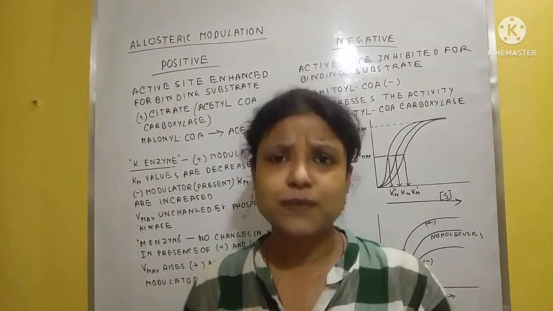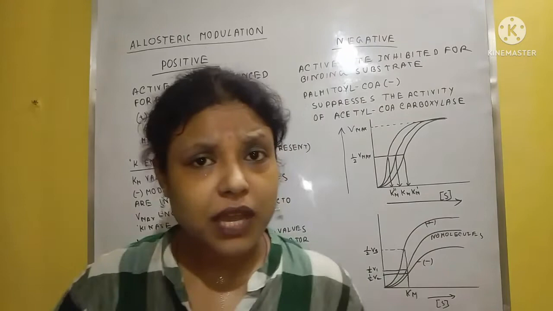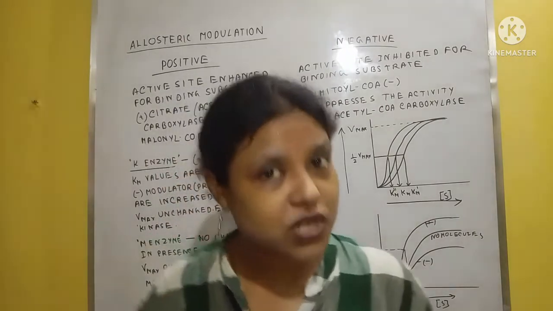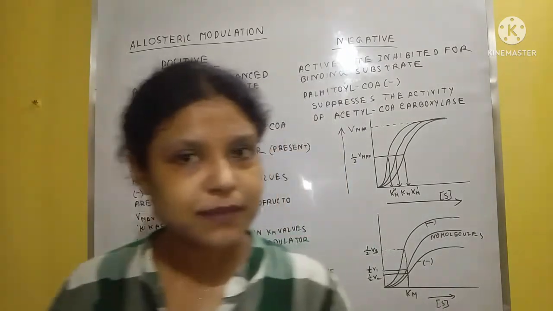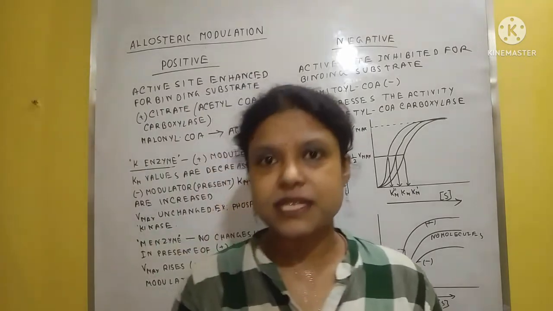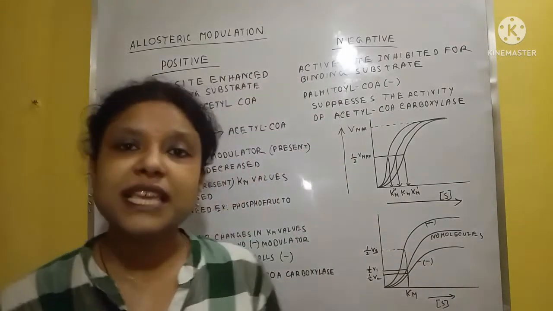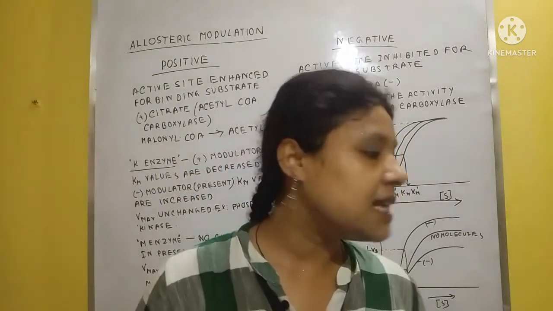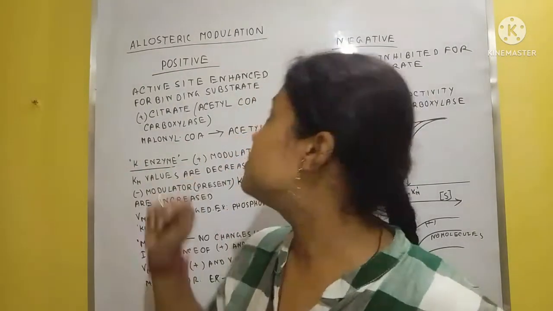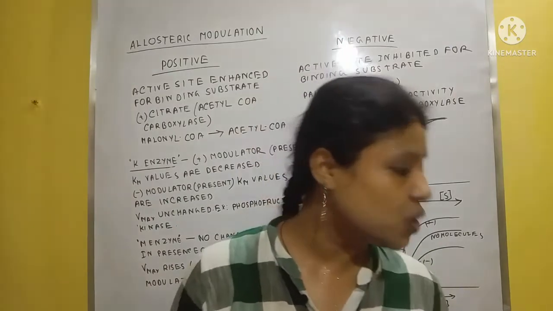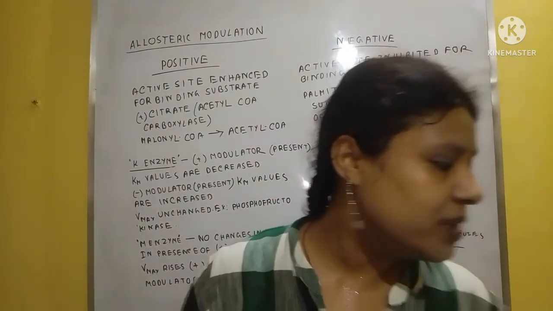And it helps either in the enhancement of the reaction of the enzyme substrate complex, or the formation of the enzyme substrate complex, or it depresses or inhibits the formation of the ES complex. Okay, so this is the actual allosteric modulator, and this is the role of the allosteric modulator.